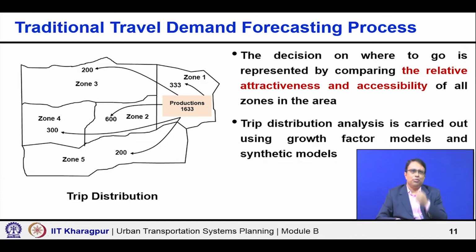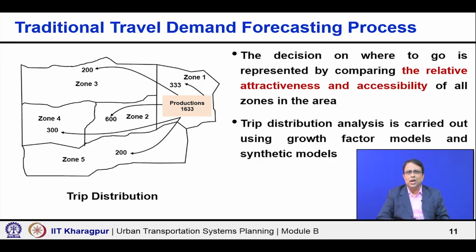So, by the end of trip distribution, as in the generation stage, we probably only found out, for example here, that 1633 trips are expected to be produced in zone 1, but we do not know where they are going.